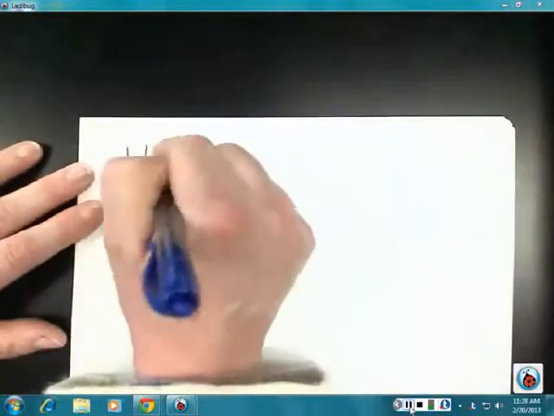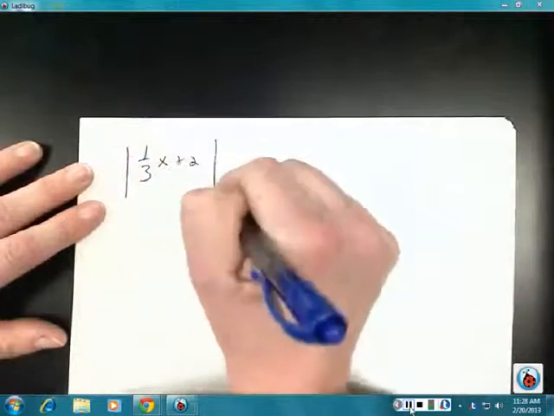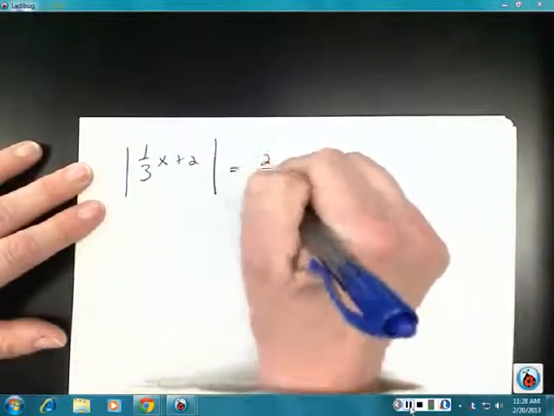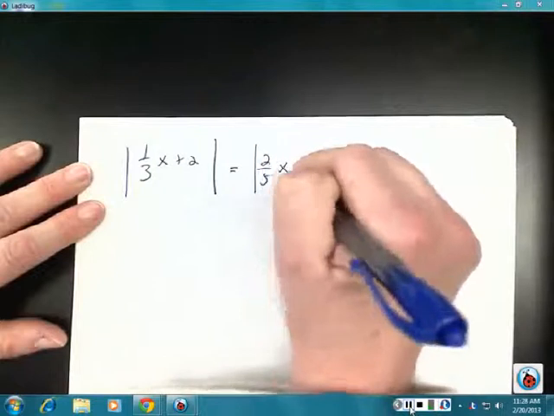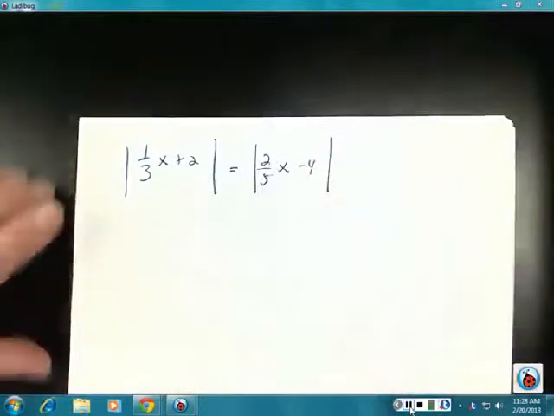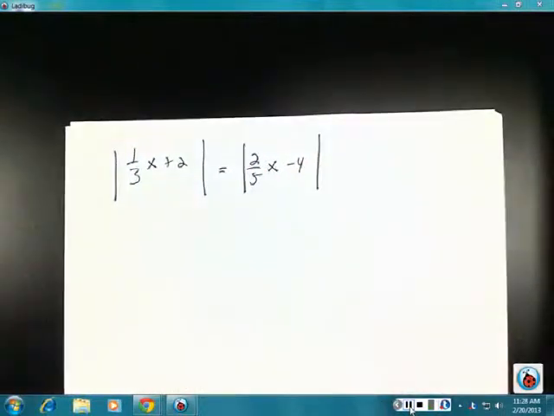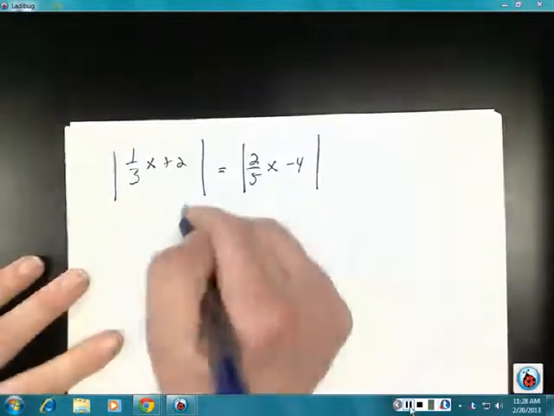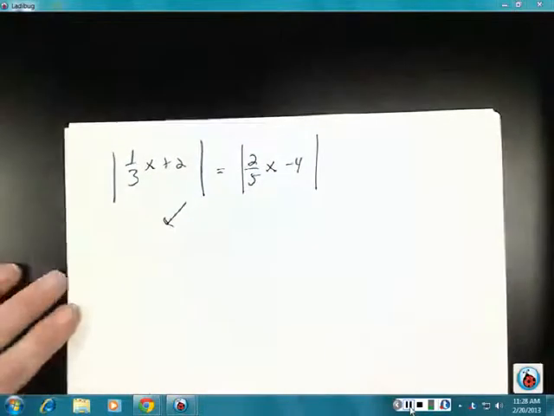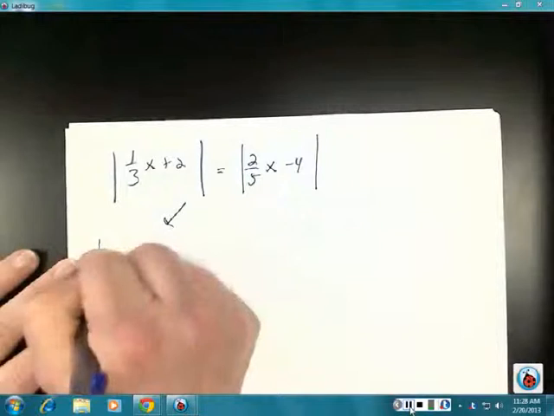Then we will finish that part up. The absolute of 1/3 x plus 2 equals 2/5 x minus 4. Two routes. First route, drop my absolutes and write it just as it is.